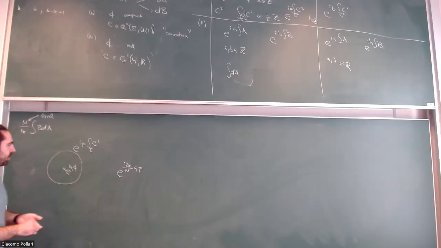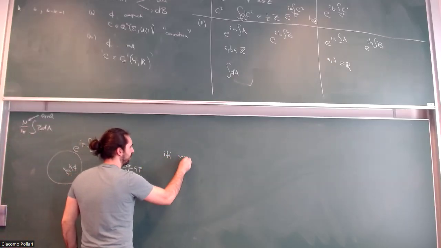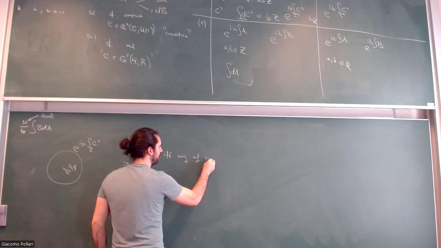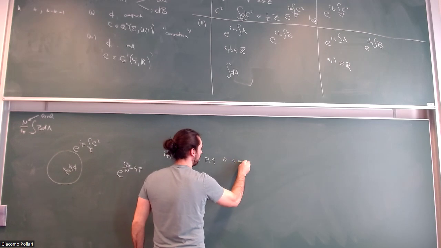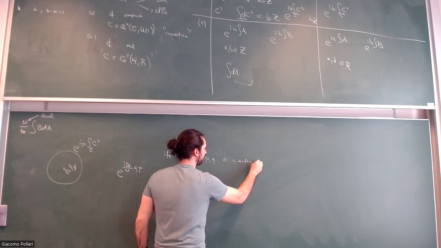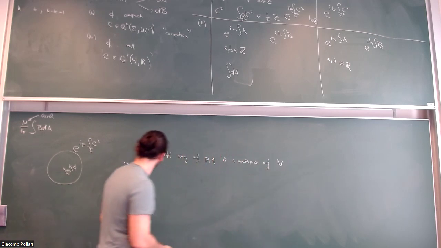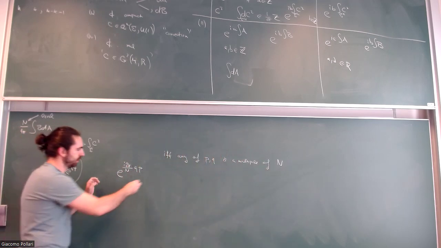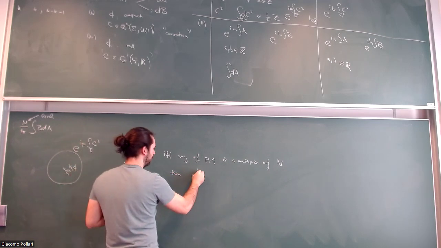So if any of P, Q is a multiple of N, then I see that this is 1. And I think you should take away the comma in PQ.